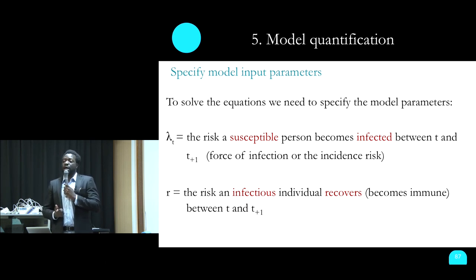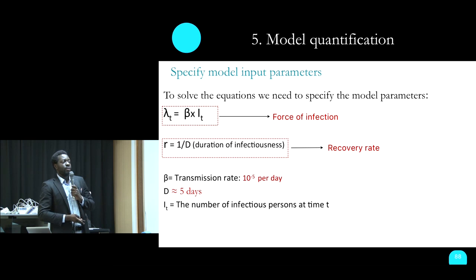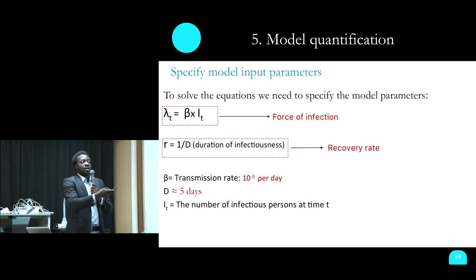And most of the time, you will find the information in the literature review, during the literature review stage in the beginning. So you want to know what is the R naught and what is the risk of transmission, as well as the risk of recovery. For example, remember the force of infection is the transmission probability times the number of those who are infectious in that population.